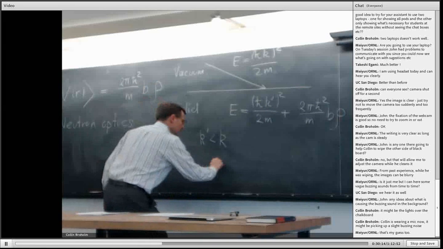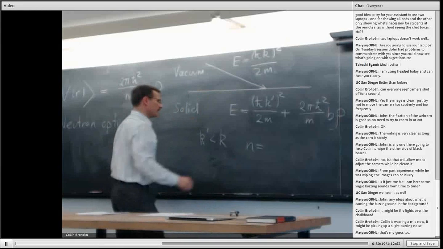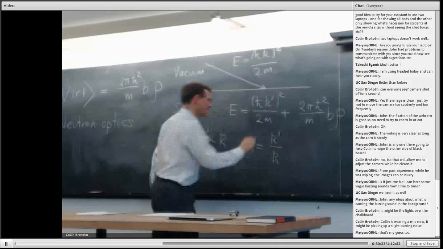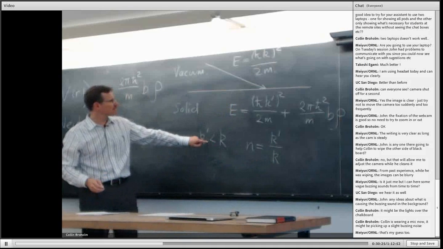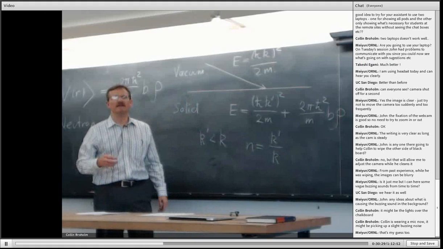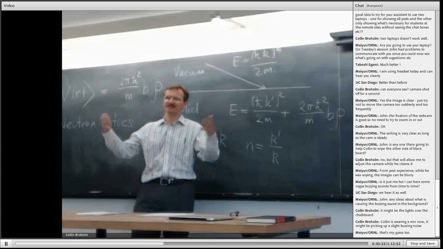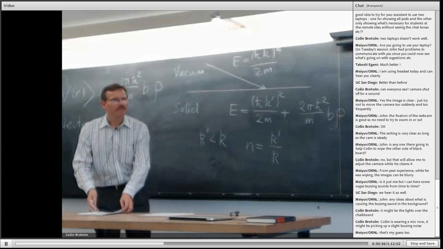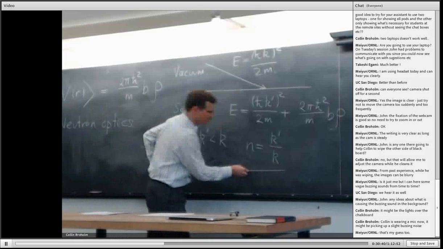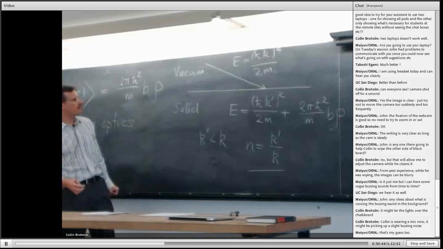Index of refraction would be defined as k prime divided by k, and in the case of neutrons, when b is positive, I'm going to have an index of refraction for the material which is actually less than 1. This is what we're not allowed to do in optics, because we have to go through a lot of effort to try to produce that type of situation. So for neutrons, that is basically what tends to prevail.